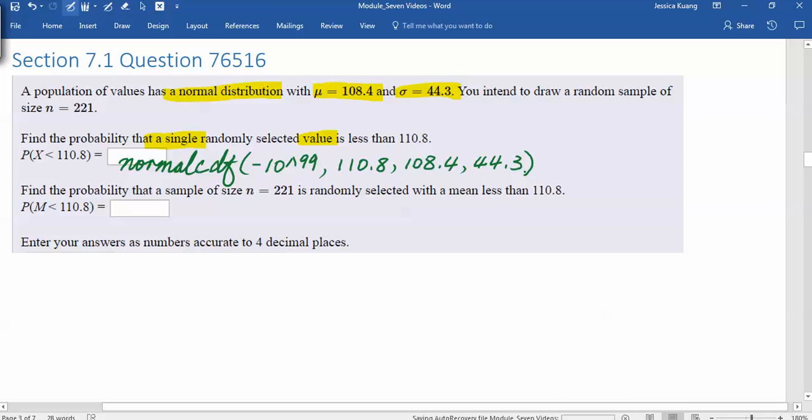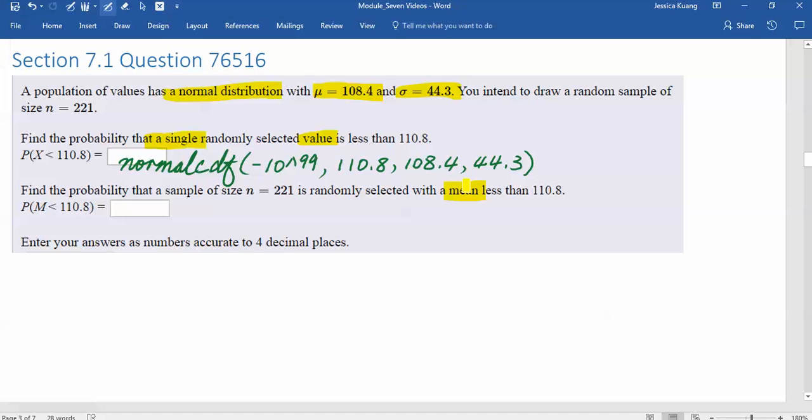The second probability I ask you to find is if I draw a sample of n equals 221, what is the probability the mean is less than 110.8?